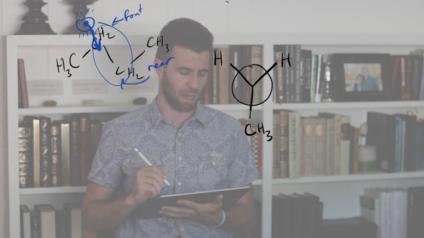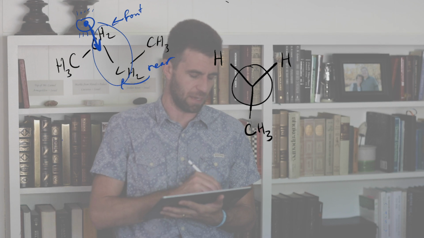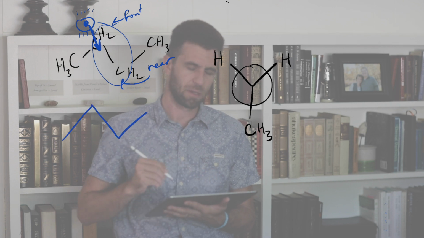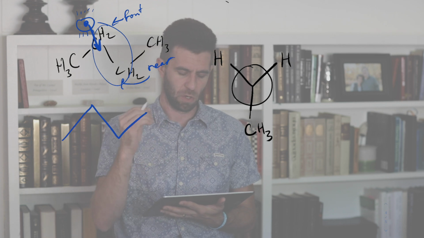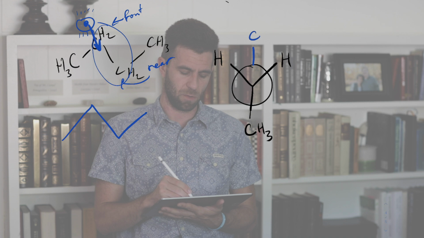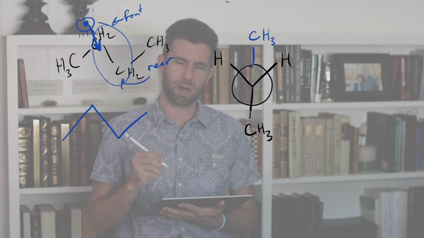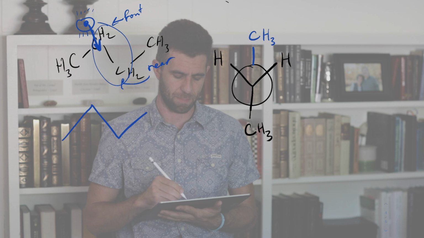Now, let's draw the other one. Do you notice how I kind of drew it as a zigzag here, right? Like it kind of goes like this, right? That's the line angle formula for this. Why is it a zigzag? Well, we're about to find out. If I draw the other one, we would have our CH3 directly across from us, right? Kind of pointing up like that in the back.